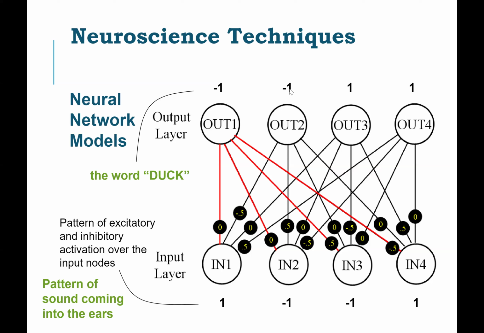Because, well, it's excitatory, but it's not firing, and it's below its baseline. So the net effect is negative. So, as I said, there are 4 possibilities. Either the cell is above its baseline or below its baseline. Either the connection is positive or negative, excitatory or inhibitory. Think about those 4 possibilities, and it becomes clear.